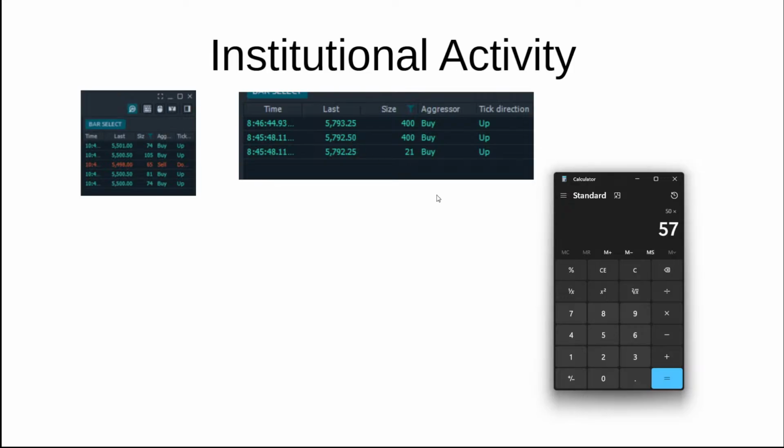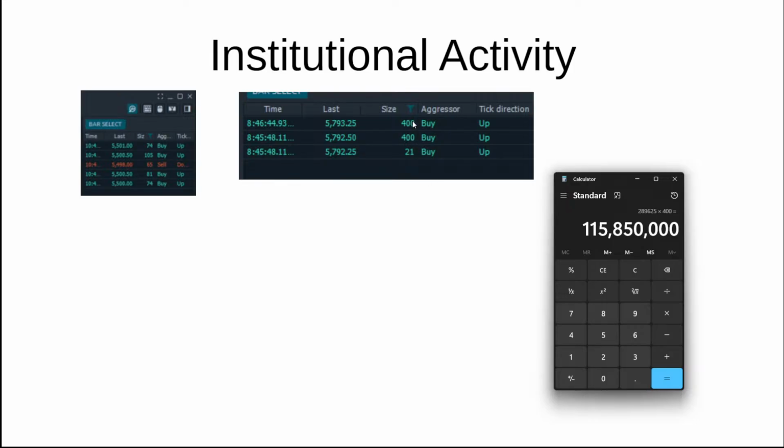We'll do the cheaper one. 57.92 and 50 cents equals $289,000 for one contract. Now, if we multiply this by 400, that's $115 million, or basically $116 million order that was placed by whoever this is.